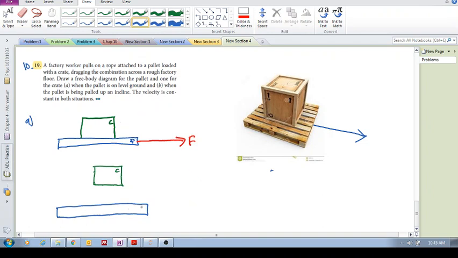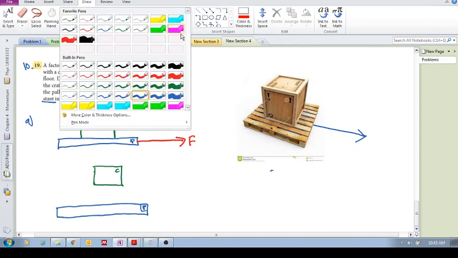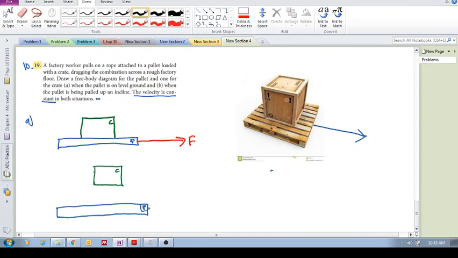Okay, so this is the pallet, crate and pallet. There's something very important here, and it says the velocity is constant. First, this is the force contact between the worker and the pallet. That's the force we've been talking about.